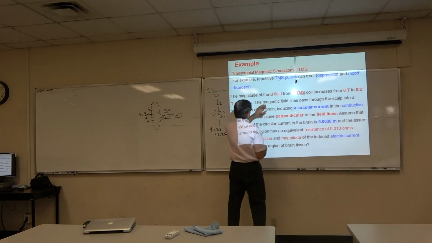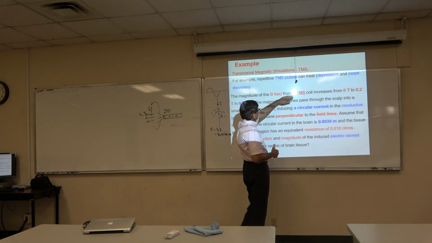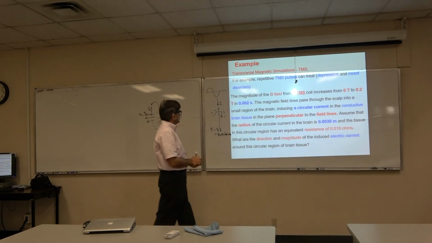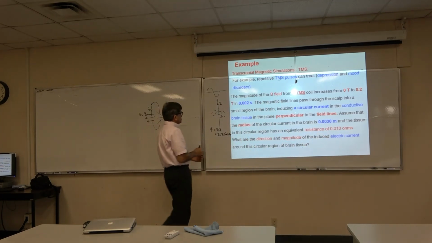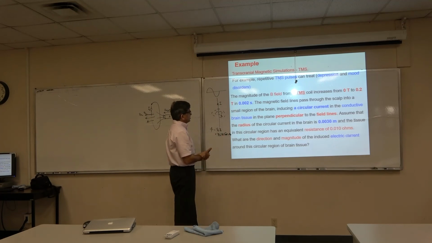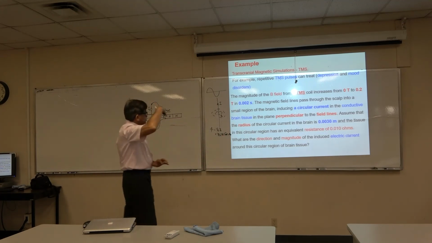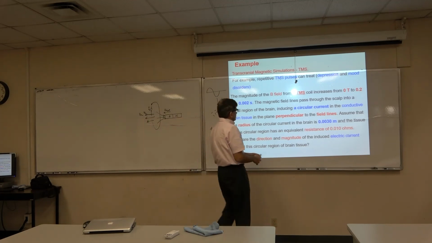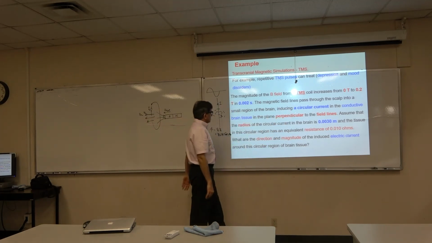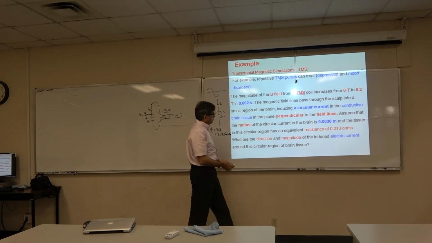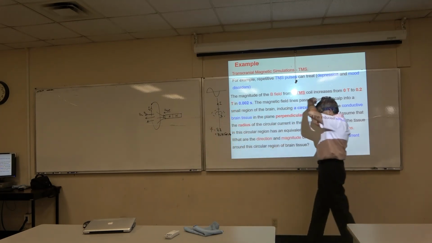The magnitude of the magnetic field from a TMS coil increases from 0 Tesla to 0.2 Tesla in 0.002 seconds. The magnetic field lines pass through the scalp into a small region of the brain, inducing a circular current in the conductive brain tissue in the plane perpendicular to the field line. Okay?